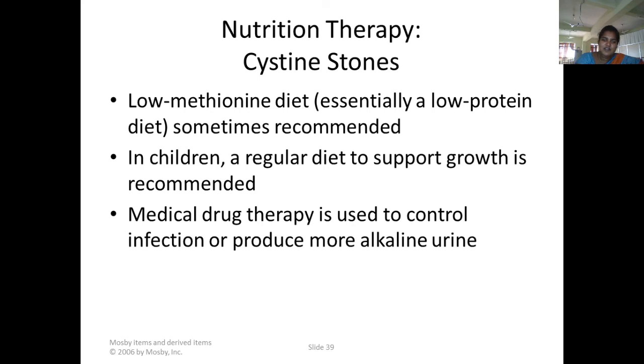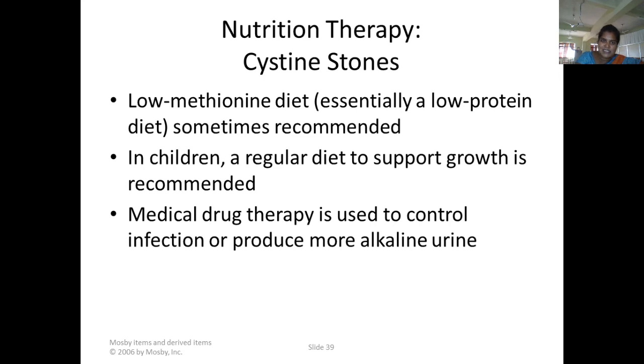When a cystine type of stone is present, advise the patient to take a low protein diet or low methionine diet. Cystine type of stones are mostly seen in children and adolescents.